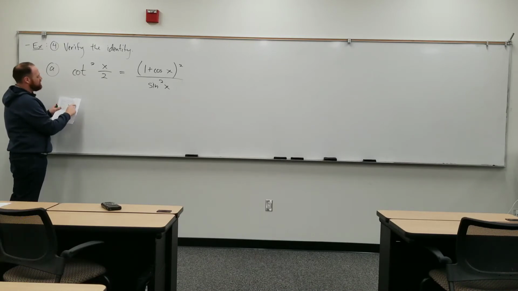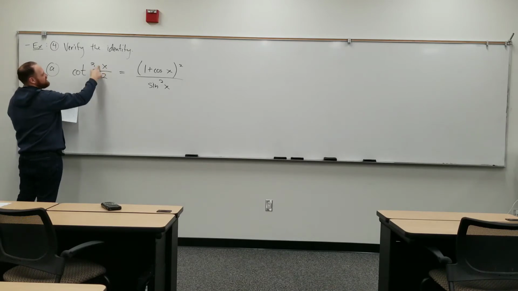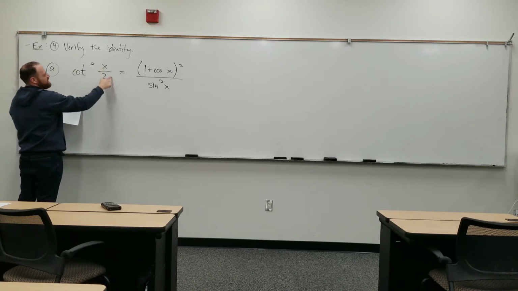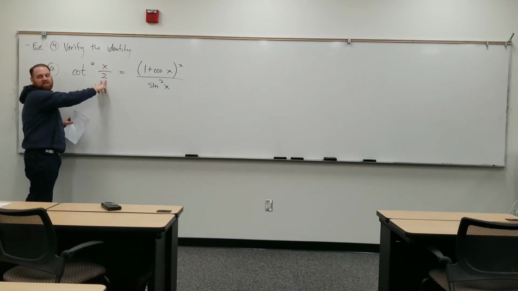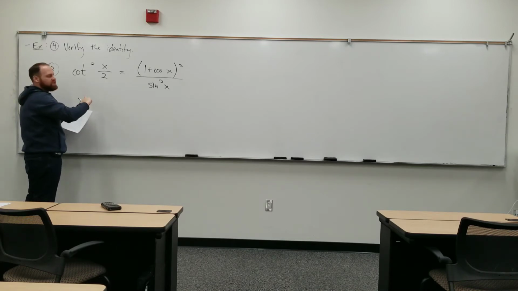For tangent squared, it would be 1 minus cosine of twice this angle divided by 1 plus cosine of twice this angle. Twice this angle is just going to be x, right? And for cotangent squared, of course, I would just take the reciprocal of that.